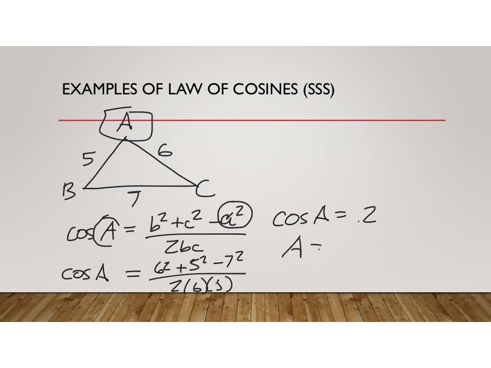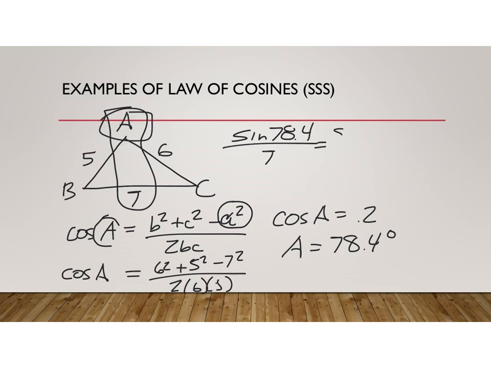Now I'm finding an angle, so I would use cosine inverse. And I would get about 78.4 degrees for angle A. Now, once again, once I do that, I've got a pair. I've got the angle A inside A. And so therefore I would do sine of 78.4 is to 7 as the sine of B is to 6.